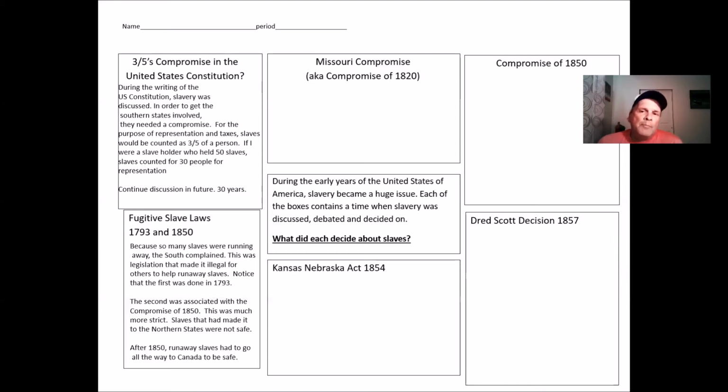And so what's going to happen is Lincoln is going to get elected in 1860, and he pretty much has said, I'm not going to allow slavery to grow. So anywhere in the West, he says, I'm going to keep slavery out of there. Well, the southern states know that if slavery doesn't continue to grow, then it will die.